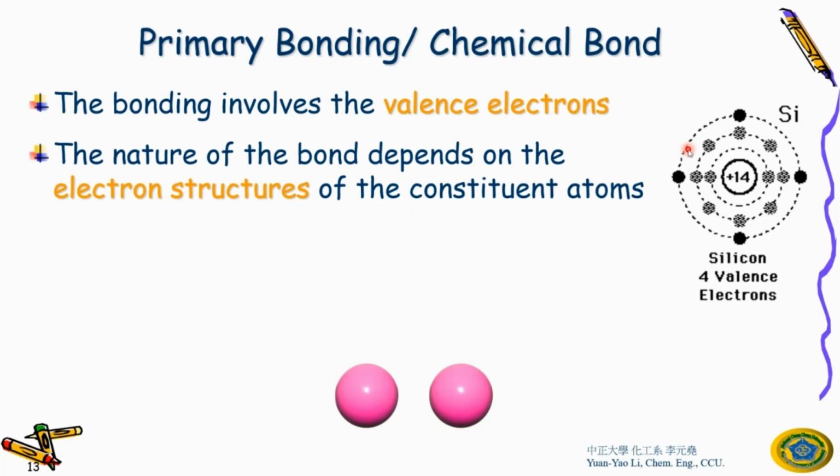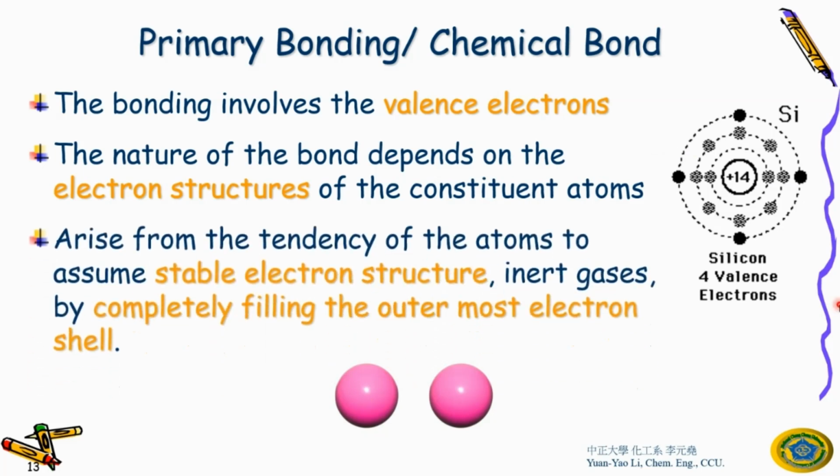So the nature of the bond depends on the electron structures of the constituent atoms. It depends on different types. It also depends on how many protons you have. It arises from the tendency of the atoms to assume stable electron structures, like inert gases, by completely filling the outermost electron shell.